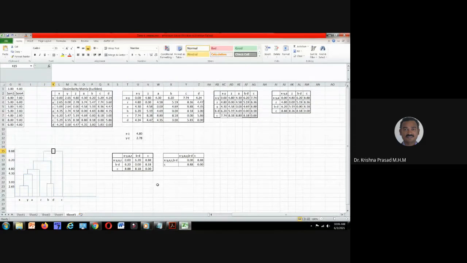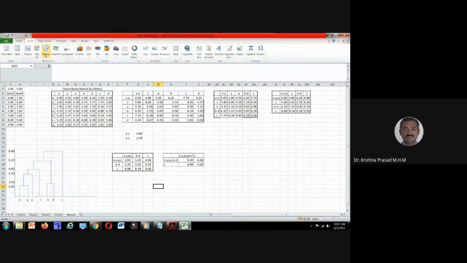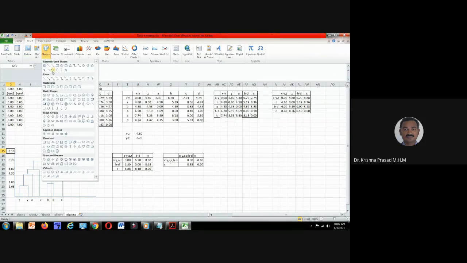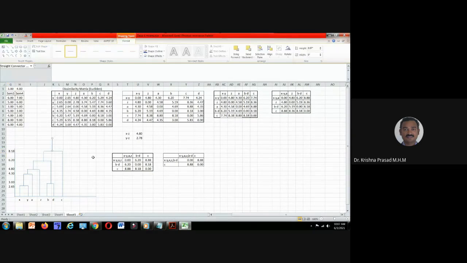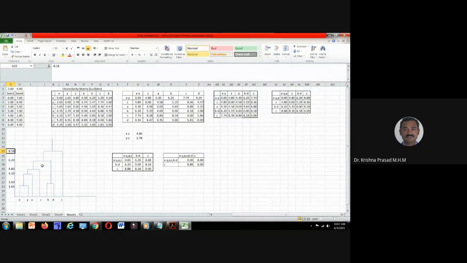Now, these can be combined at 8.88 or 8.18. At what value combined? 8.18. Finally, these two were merged. Right.